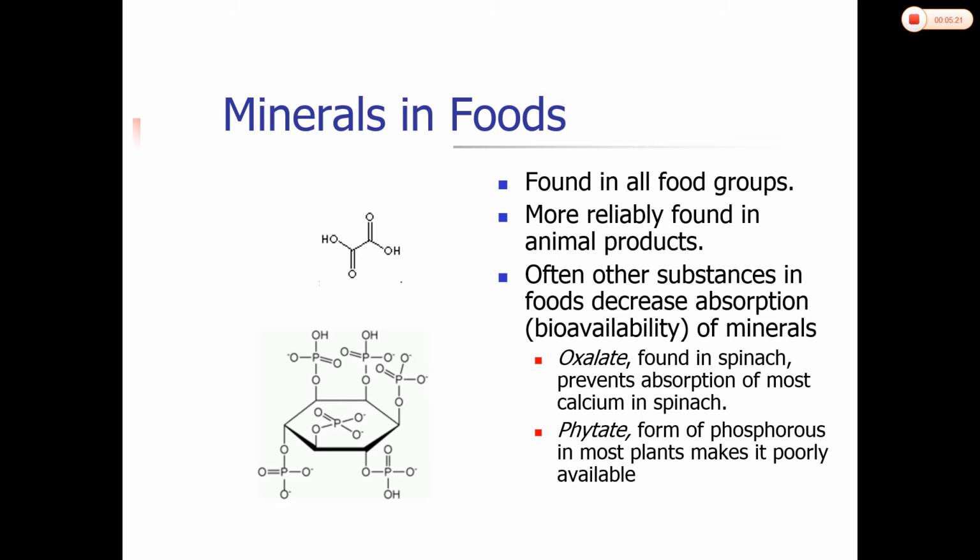For example, the oxalates present in green leafy vegetables such as spinach prevent the absorption of most of the calcium in the spinach. They complex with it and don't allow it to be available during the absorption process. Also, the phytate form of phosphorus in most plants makes it poorly available.